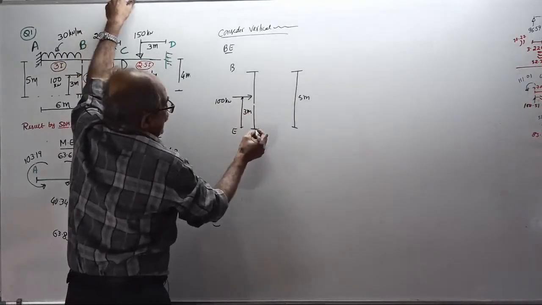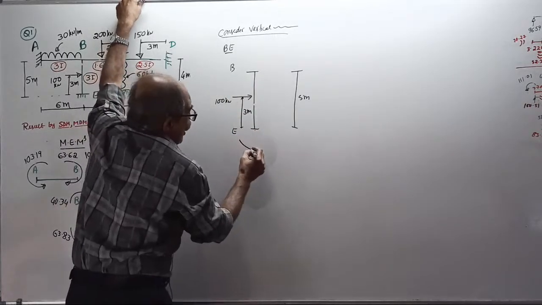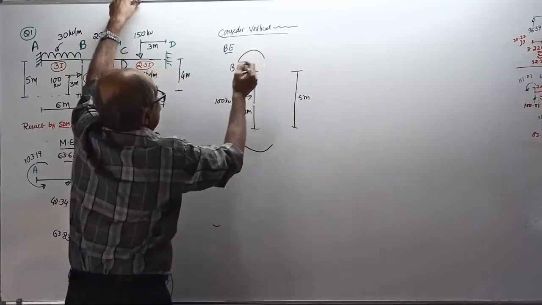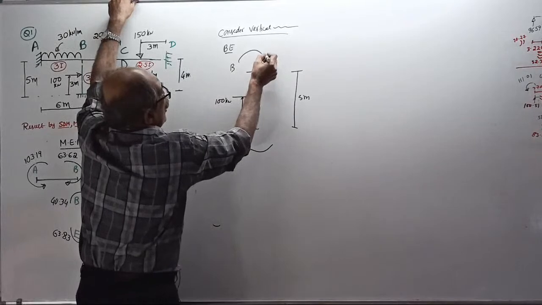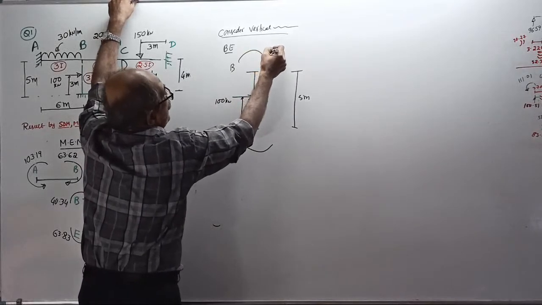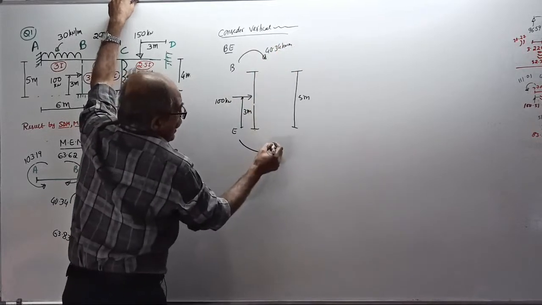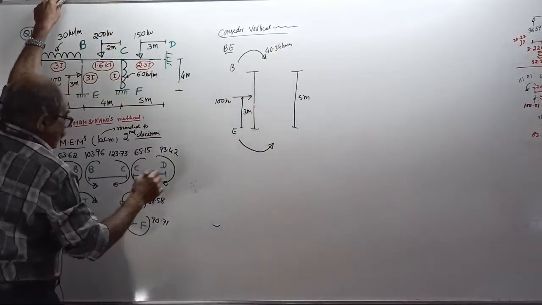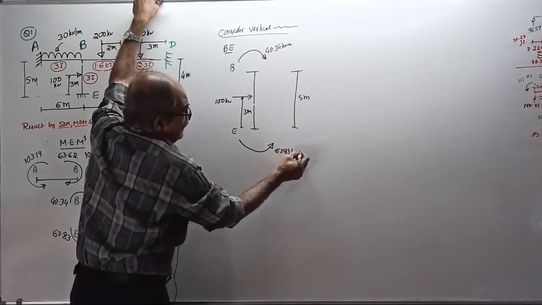Then there is surely going to be end moment. Top moment here is 40.34 kilonewton meter clockwise. Bottom side moment is anti-clockwise 63.83. When you go to the second question, this is 0.